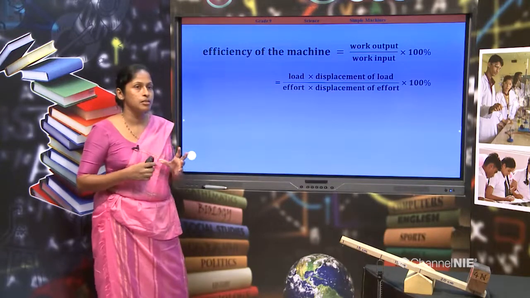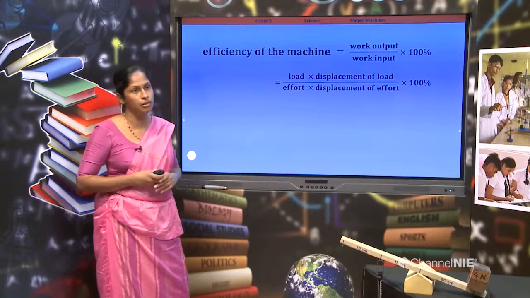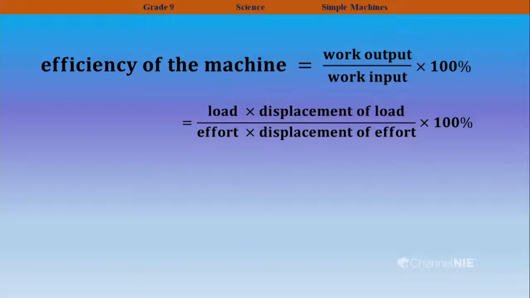Now, let us find out another different way to calculate efficiency of the machine. I told you earlier, efficiency of the machine is work output divided by work input multiplied by 100%. Work output was calculated by load multiplied by displacement of load, and work input was calculated by effort multiplied by displacement of effort.